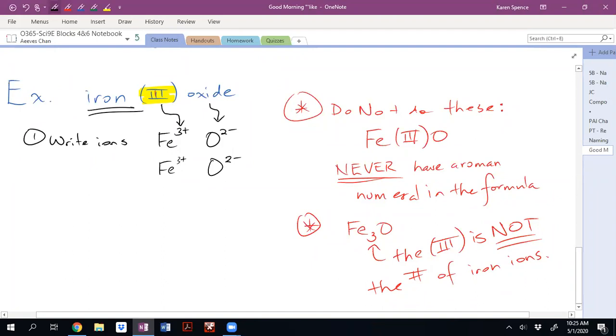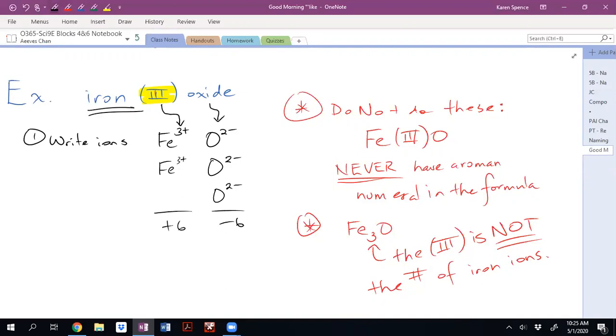Now my total positive charge is positive 6. So now I need to add one more oxide, which will give me negative 6 to balance out the positive 6. So you can just add on either anions or cations, whichever one doesn't have enough charge, until they eventually equal out.